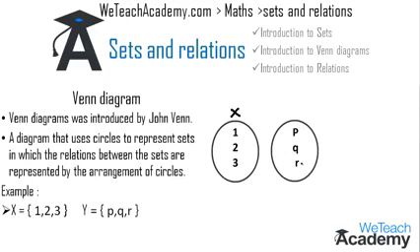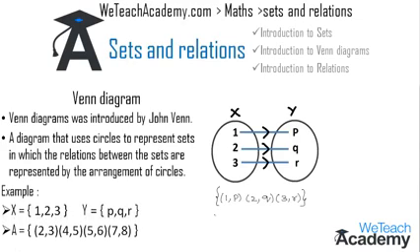And we have another circle in which we have represented the elements of Y, that are P, Q, R. Now let us map the elements of X with the elements of Y. We can map the first element of X, 1, with the first element of Y, P. Similarly, we can map the other elements: 2 is mapped with Q and 3 is mapped with R. And we get the ordered pairs (1, P) as they are mapped with each other, the second ordered pair (2, Q), and the third ordered pair (3, R).